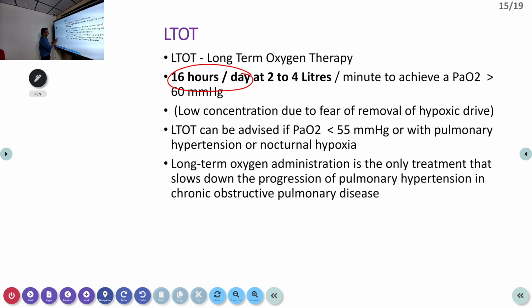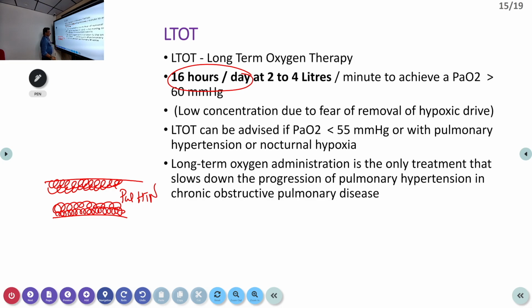But in patients who have chronic hypoxemia, there will be inflammation of the arteries in the lung. Pulmonary vasculature inflammation will occur, and slowly this inflammation will produce pulmonary hypertension. The artery size will be reduced, so it will lead to pulmonary hypertension.